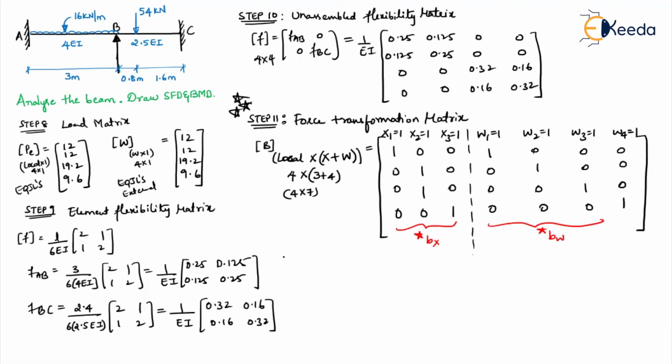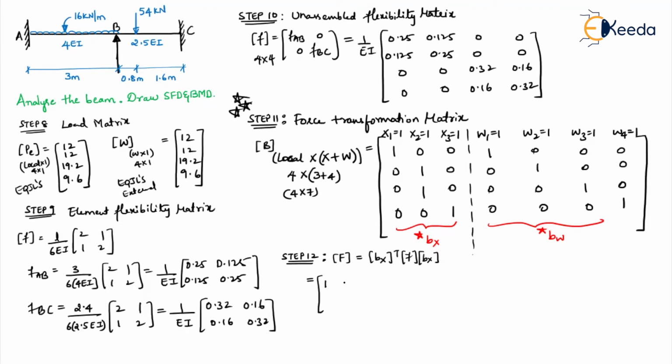So once you're done with your force transformation matrix, your next step, that's your step 12, is to find what? Your global flexibility matrix F. So what is the formula for this? Bx transpose into your unassembled flexibility matrix into your Bx. So let me write it here.